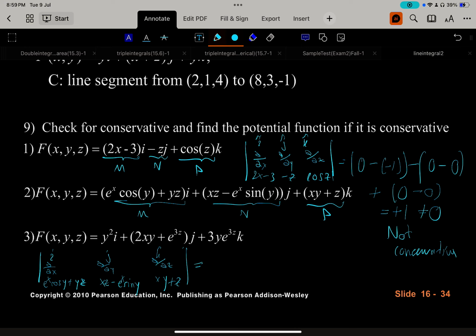So we have first x minus x, y minus y plus z, and with respect to x, z minus e to the x sine y, okay, minus, and we go with respect to y.